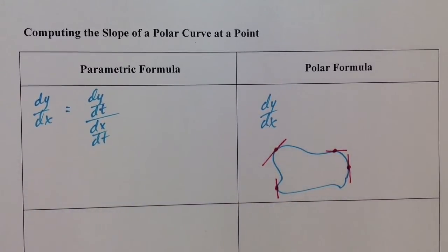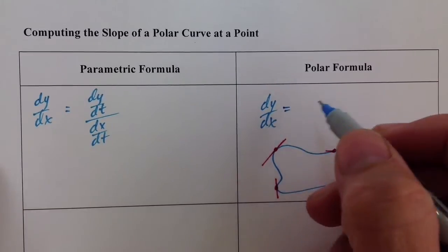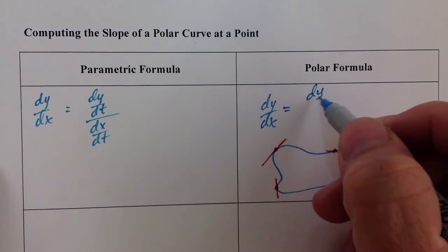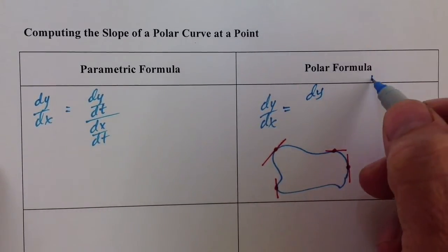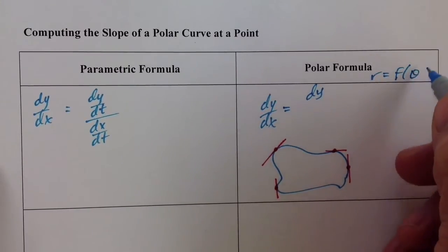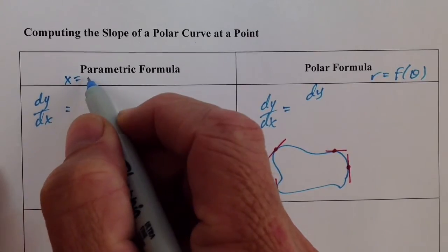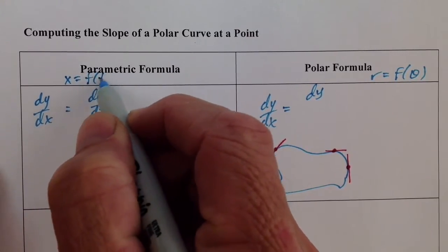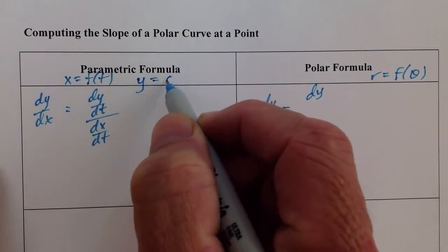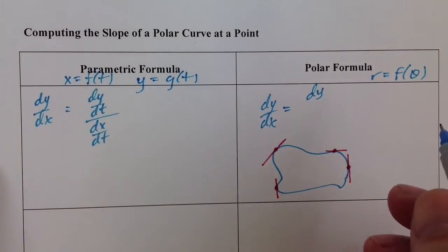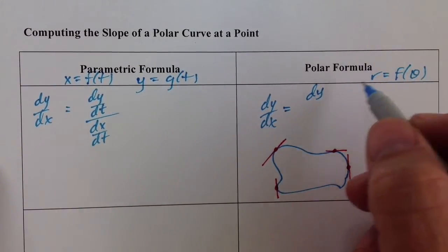But nevertheless, we still have a dy/dx, and as you might even guess, if r is defined as a function of theta, where x and y are both functions of t, so x is f of t, y is g of t, let's say. Anyway, r is a function of theta.